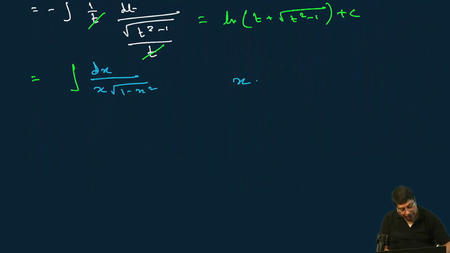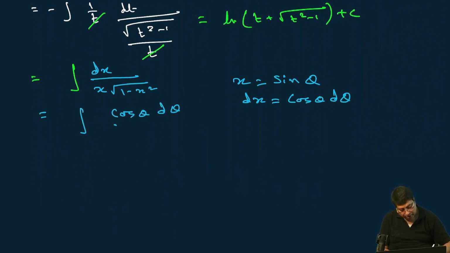Okay, if we take x equal to sin theta, so dx equals cos theta d theta. So I can write here, in place of dx, cos theta d theta, x is sin theta, root over of 1 minus sin square theta, and the numerator and denominator will be cancelled.